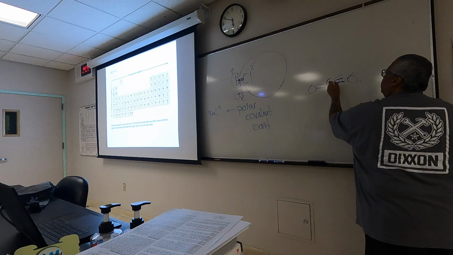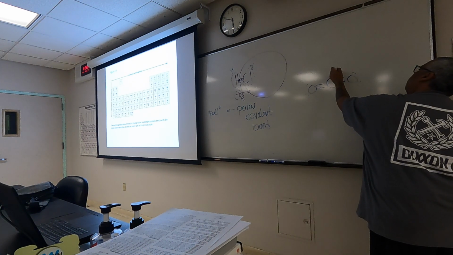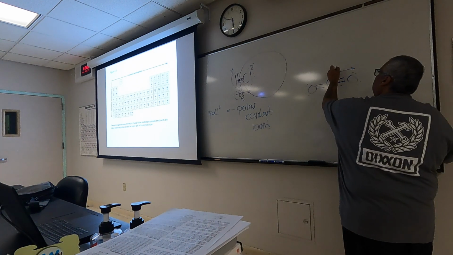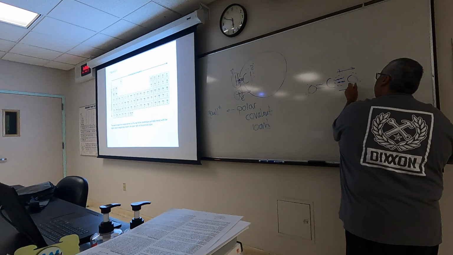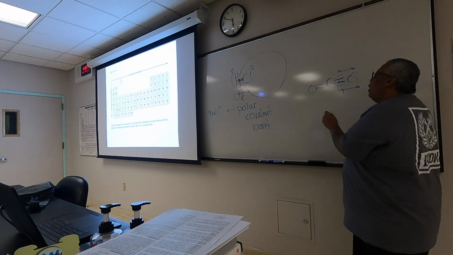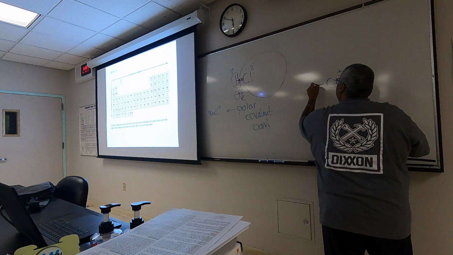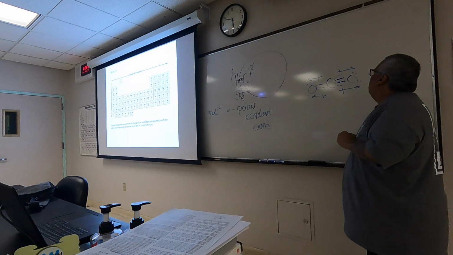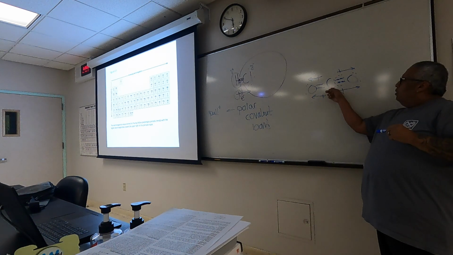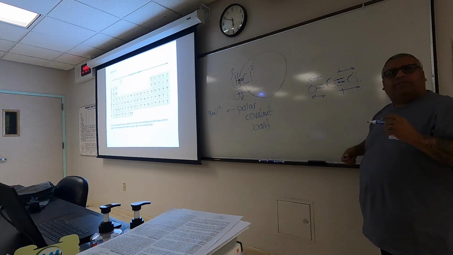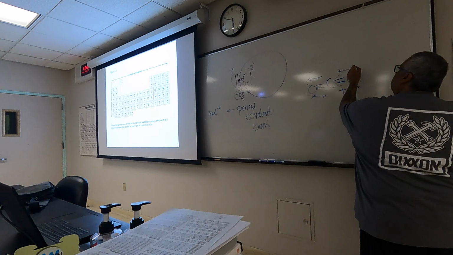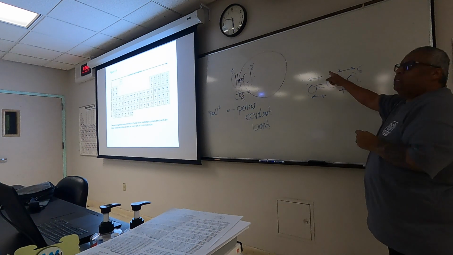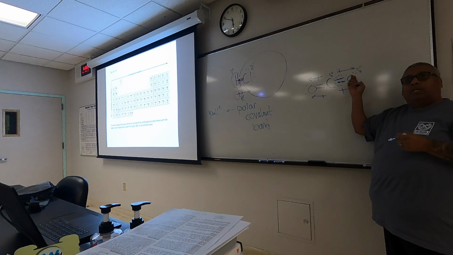And these electrons here are being pulled by the oxygen. And these electrons down over here are being pulled by the oxygen. And these over here are being pulled this direction, and these are being pulled this direction. So which one between carbon and oxygen is partially negative? The oxygen. Oxygen is partially negative, and carbon would be partially positive. And I know that because my arrow's telling me the same thing.